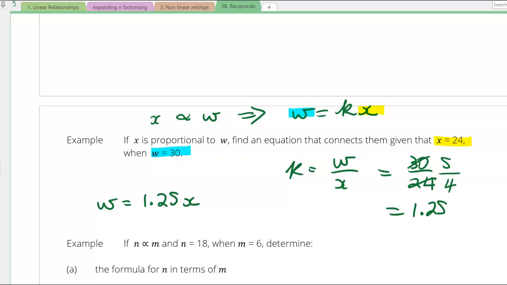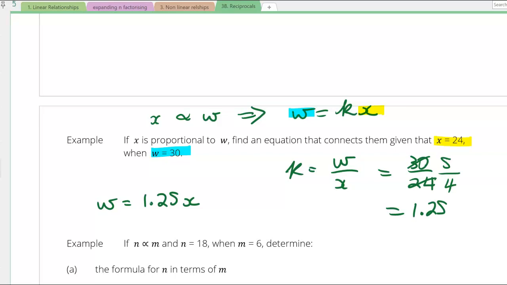There are lots of things that are connected by a directly proportional relationship. Any time you buy something, assuming there are no multi or bulk discounts, you buy one, you pay a certain amount. You buy 50, you pay 50 times that amount, whatever that is. In your science area, force equals mass times acceleration. So your simple formulas, V equals IR, they are all connected.